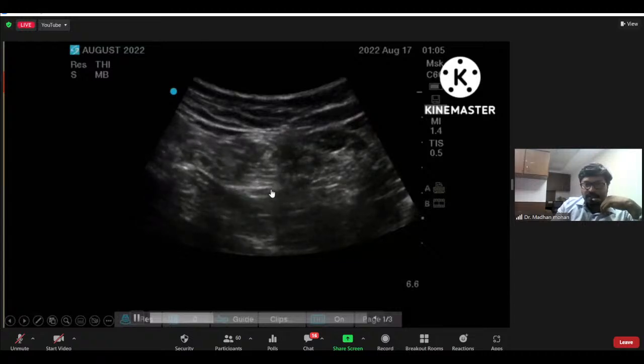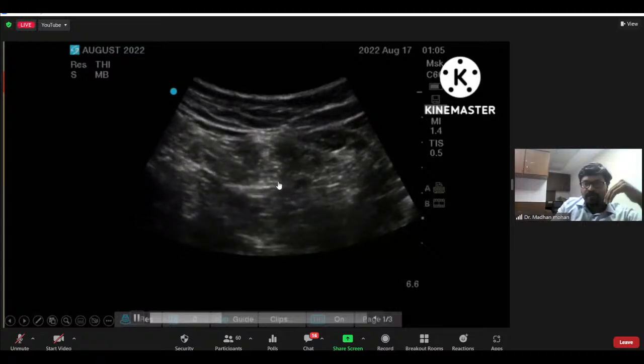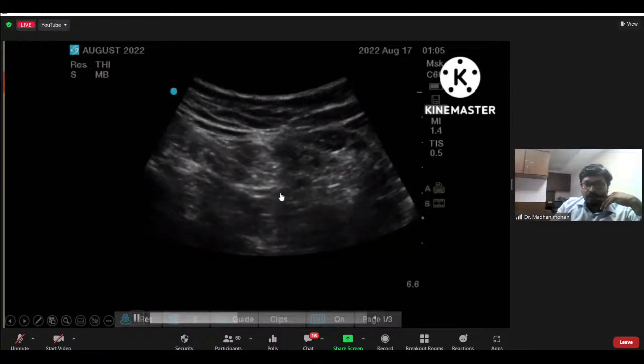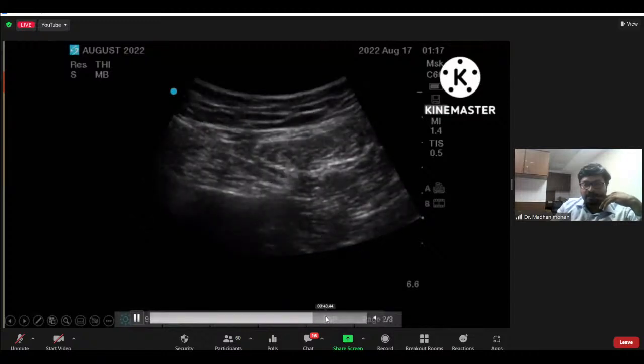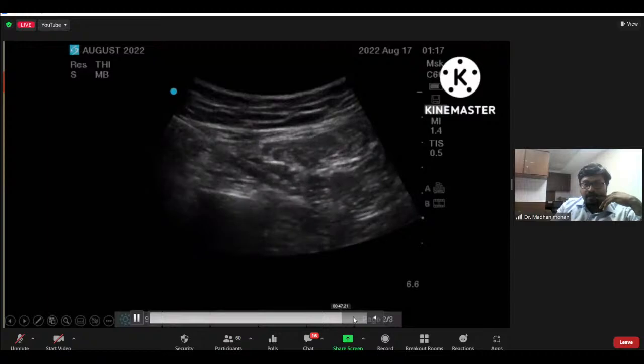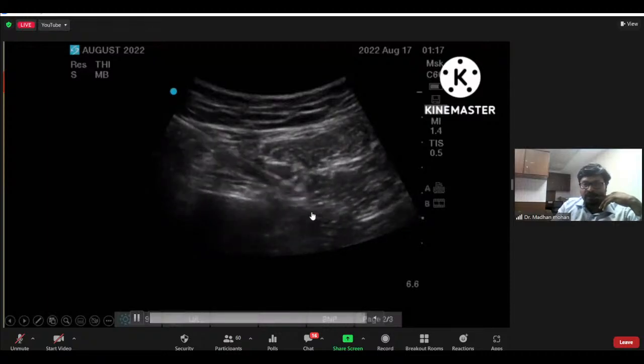This is the sciatic nerve. So we are coming from medial to lateral in plane approach, and this is the needle entry, and we are going to just go to the lateralmost end of the sciatic nerve. So after reaching here, you can start depositing the drug safely and cover the entire nerve. So here the nerve is completely covered.